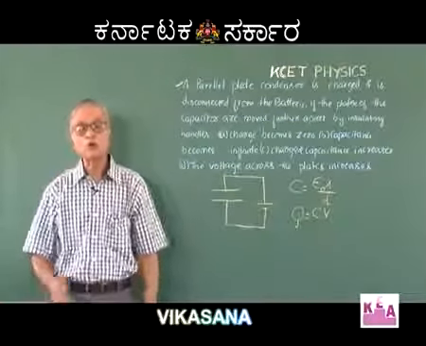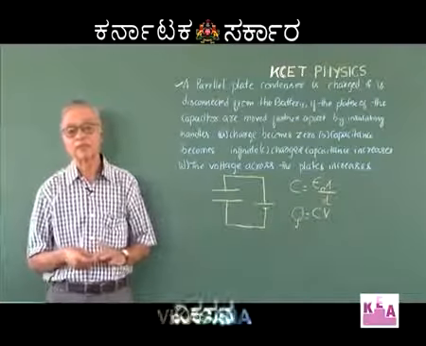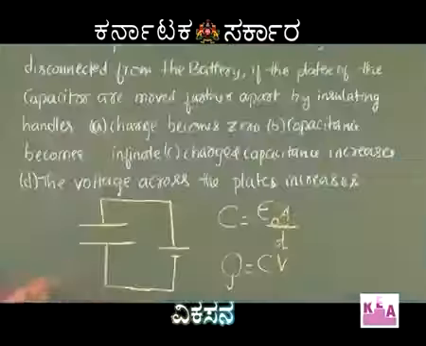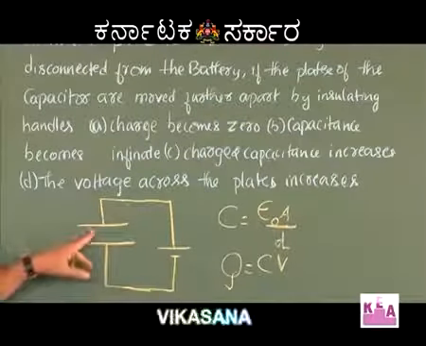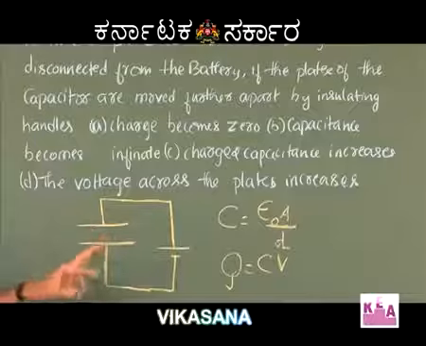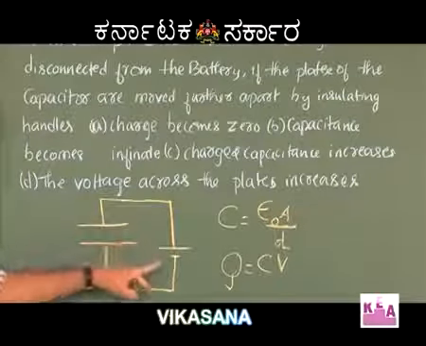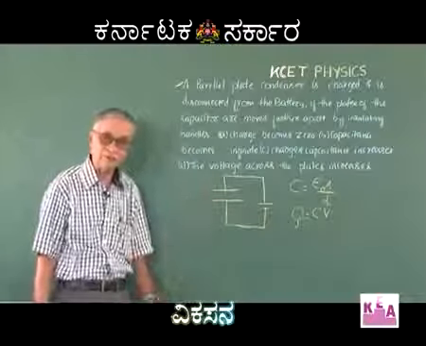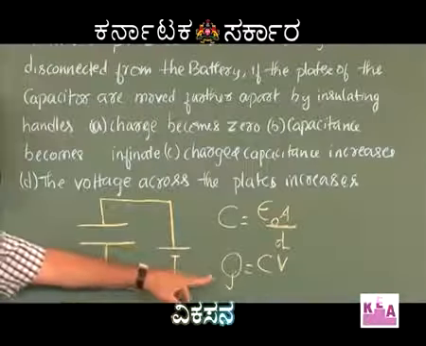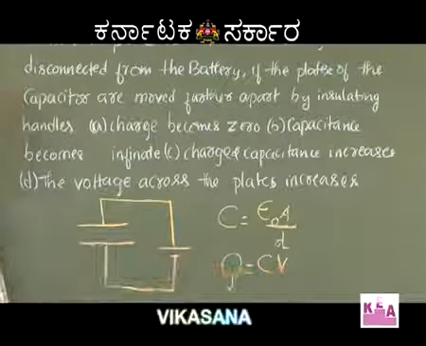Then what would have been the correct answer? Note, in this case, since it is connected to the battery, depending on the capacity, the charge will either flow from the capacitor to the battery or from the battery to the capacitor. Note the formula Q is equal to C into V.